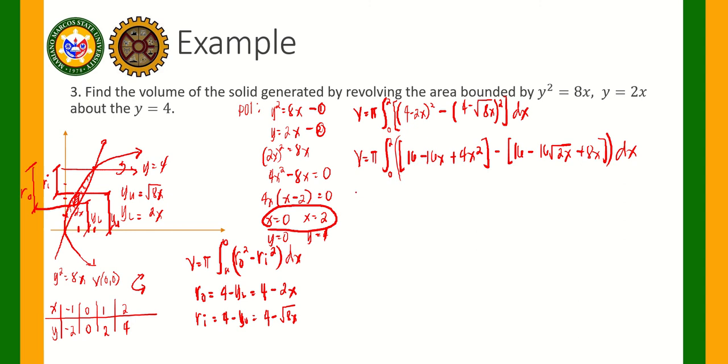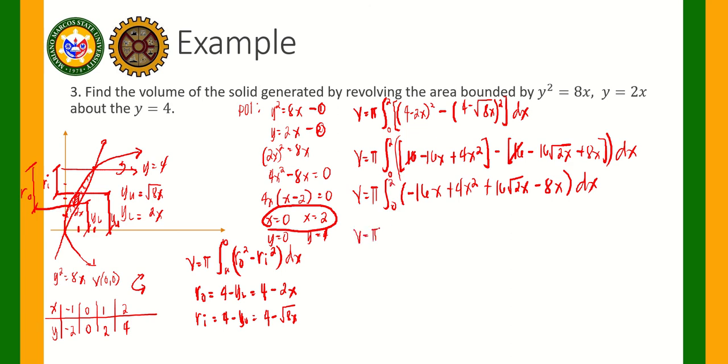So, we simplify further. This is equal to V equal to pi times, of course, this will cancel. And we will have negative 16x plus 4x squared plus 16 square root of 2x minus 8x dx, limits from 0 to 2.